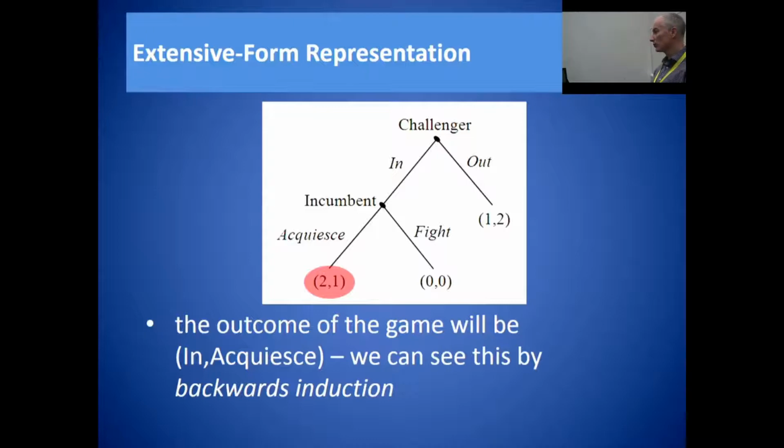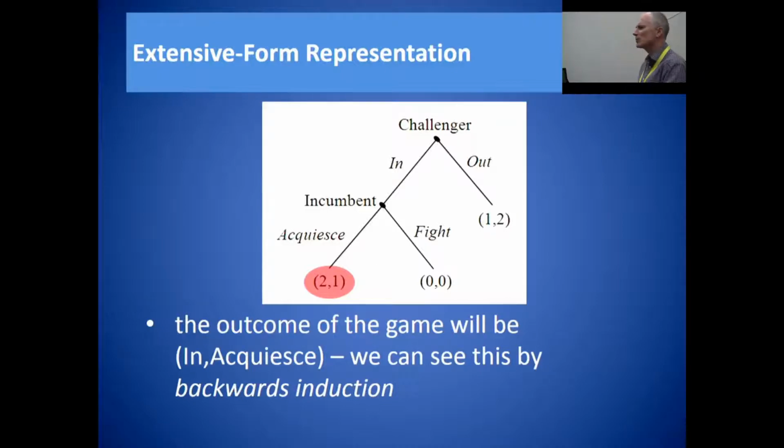My rival, the incumbent, would have the choice to acquiesce or fight. But what's the problem with the incumbent firm fighting? It gives a payoff of 0, the worst possible payoff. If the incumbent responds by acquiescing, it gets a payoff of 1, a more preferred payoff.